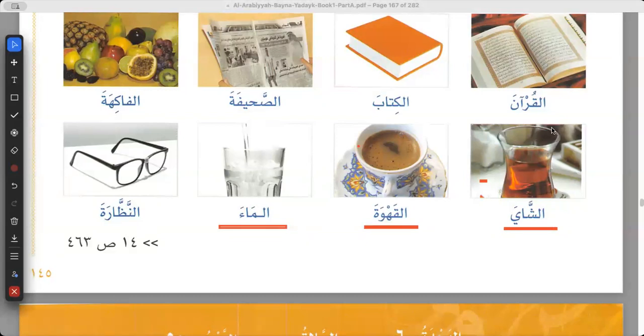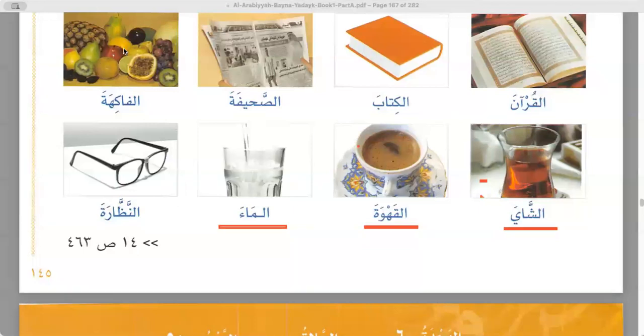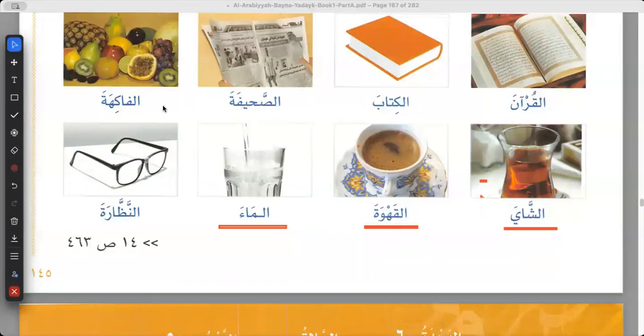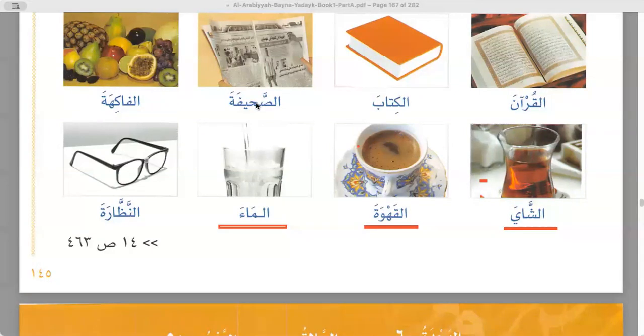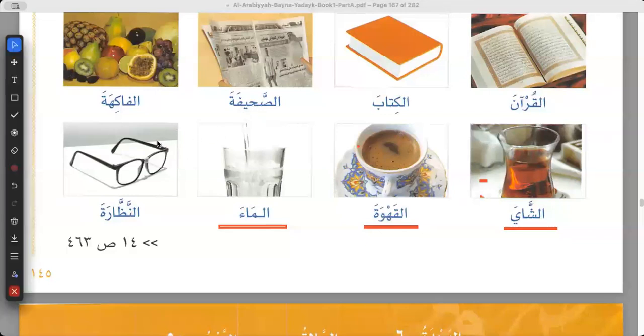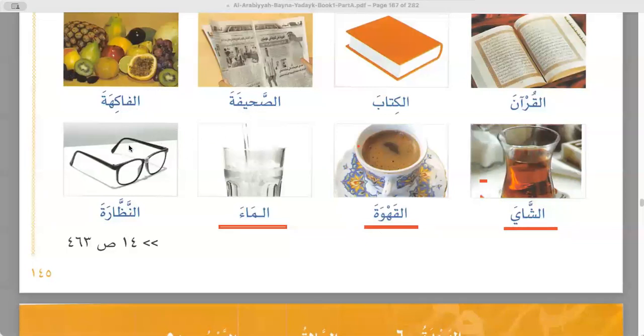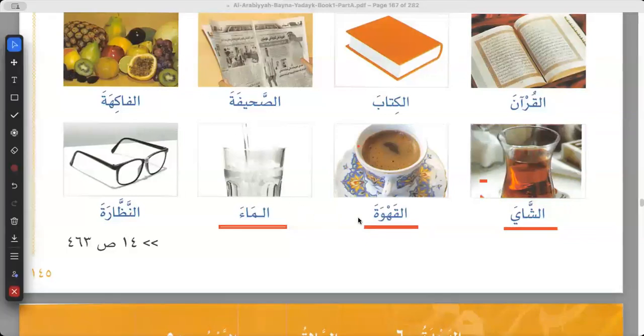Yes. ضع الماء بجانبك. هذه فكرة طيبة. And the last one, Ammar. ضع النظارة بجانبك. هذه فكرة طيبة.